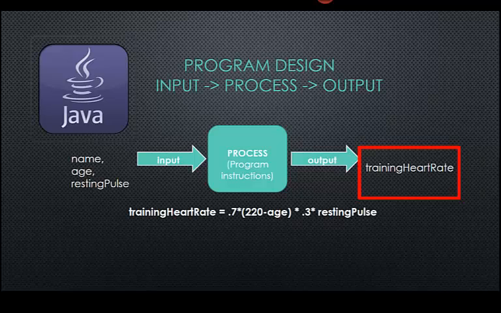And we see the formula that will consist of training heart rate assigned 0.7 times (220 minus age) plus 0.3 times the resting pulse. We want to be sure to use good programming practices that include using explicit identifier names. Don't abbreviate, as it's harder to read and understand your program.